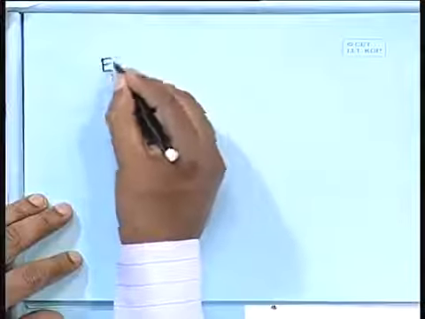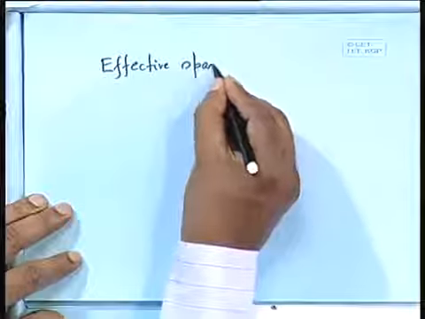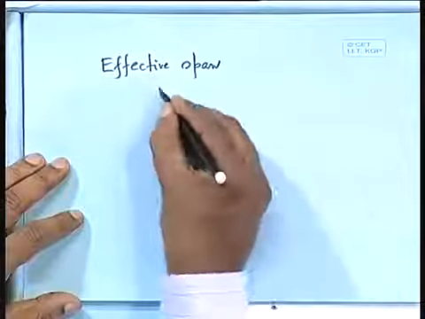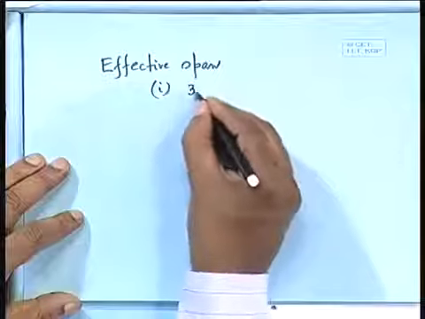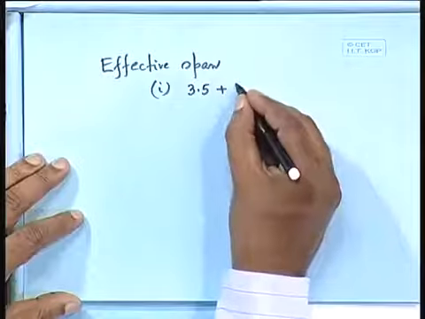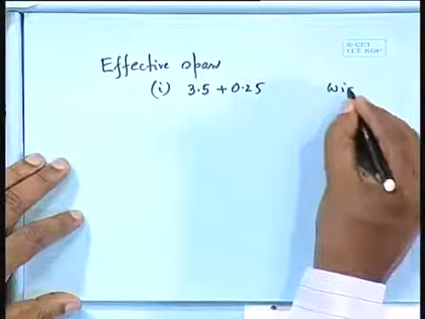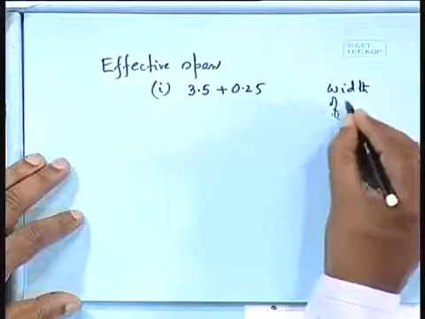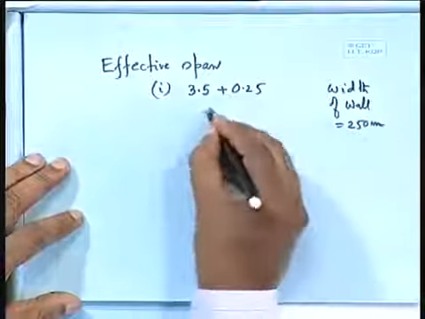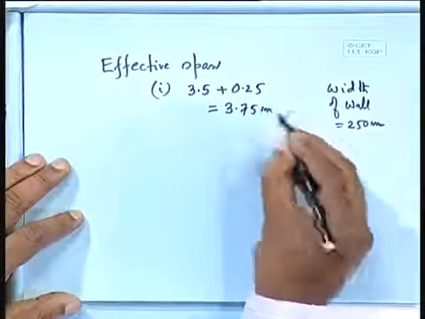Effective span: we have two values. One is 3.5 plus 0.25, that is the width of wall 250 millimeter, which comes as 3.75 meter.